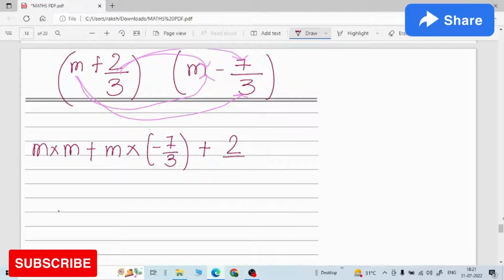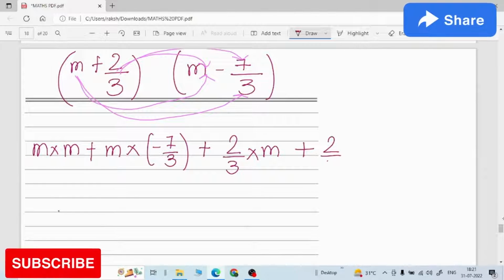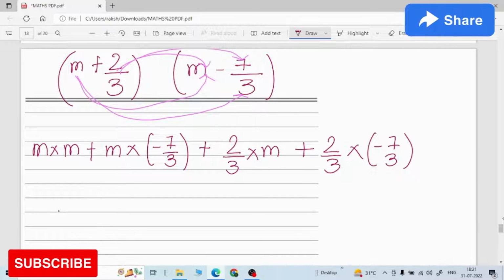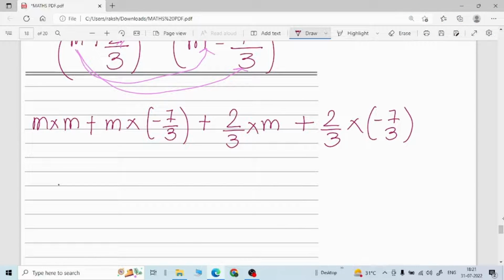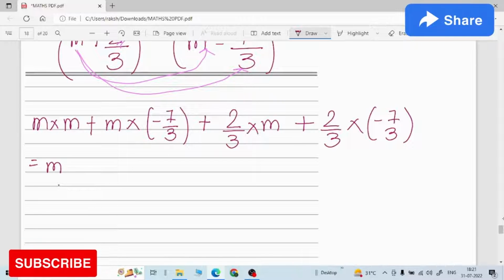plus 2 upon 3 into m, plus 2 upon 3 into minus 7 upon 3. So m into m is m square.